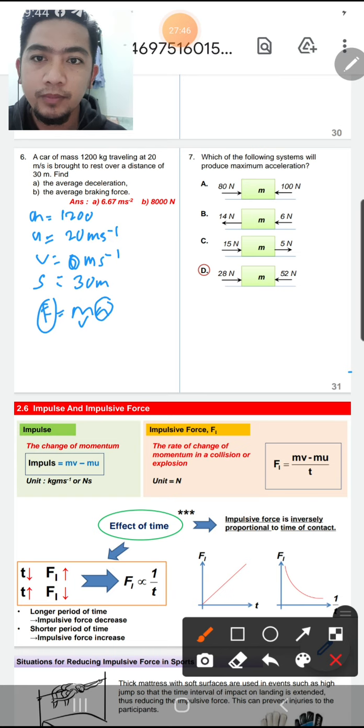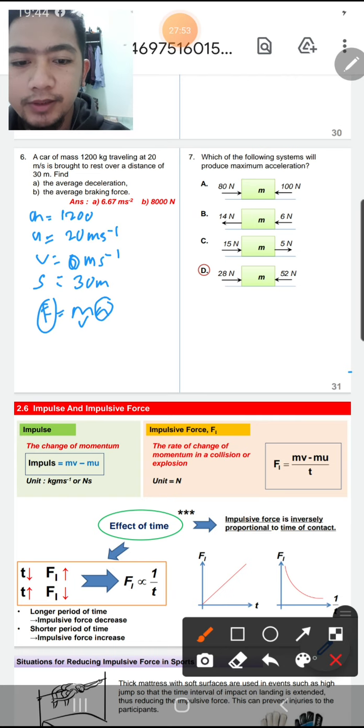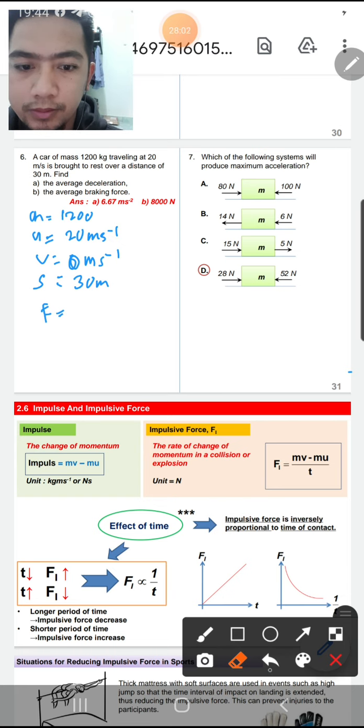Cannot, right? But based on the information given, you can relate to this formula.